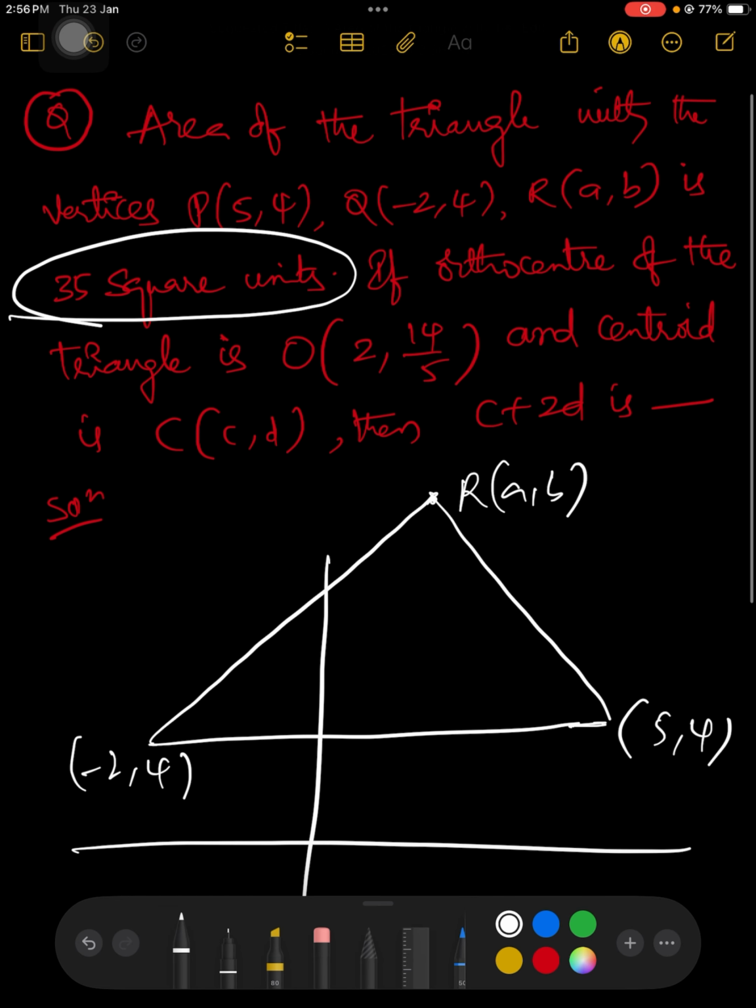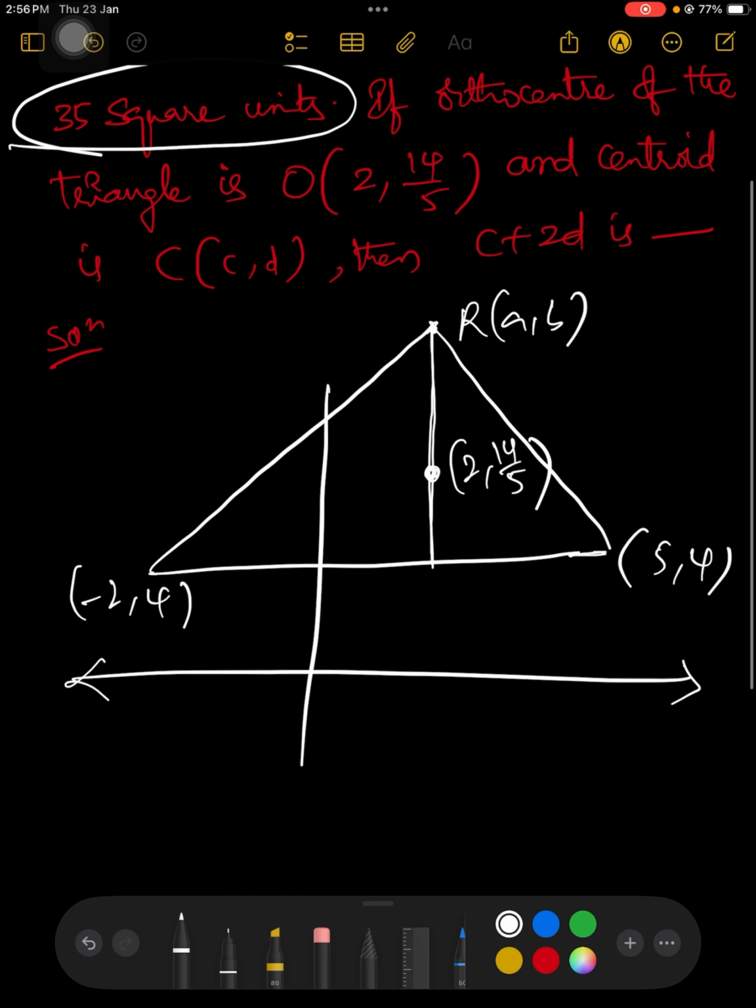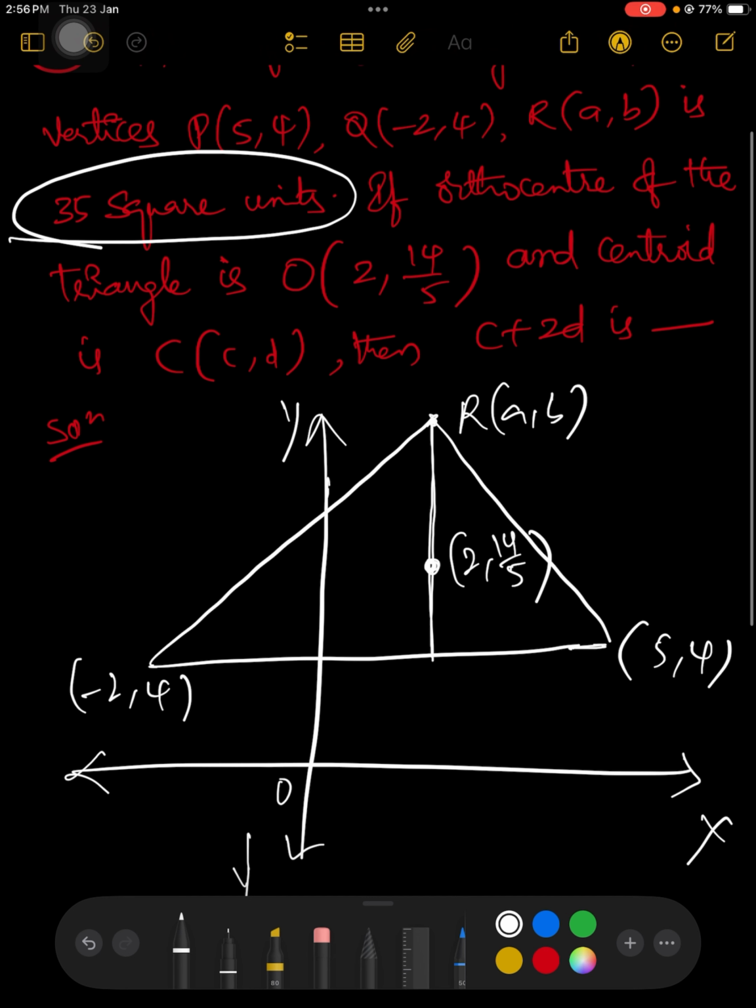Okay, fine. And the orthocenter they have given is (2, 14/5). The orthocenter is nothing but the concurrency of the altitudes. Now if it is (2, 14/5), and this is a horizontal line, clearly it will be the vertical line.